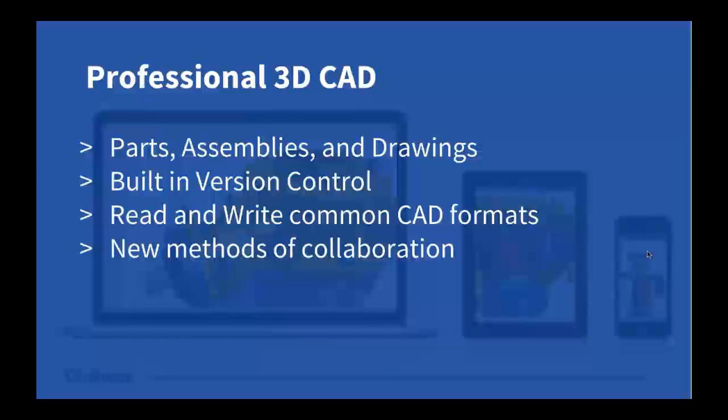So if you're working with someone else that uses a different CAD system and you need to import and export, we can handle the standard and even many of the proprietary formats: Step, IGES, Parasolid, SolidWorks, Inventor, Creo, a number of different formats. I could go on, but we can read and write a lot of the common CAD formats that are out there today.